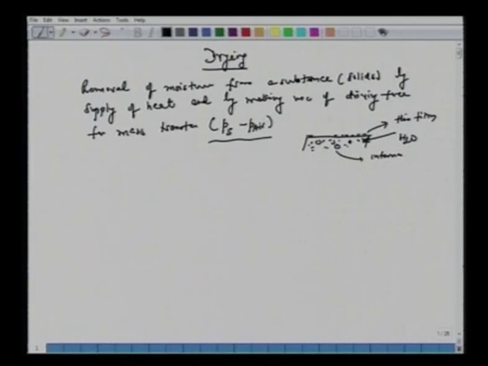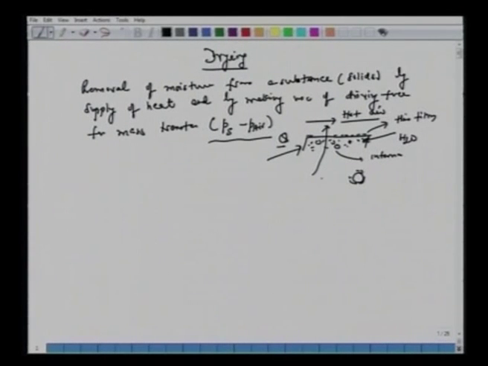Even on one solid, it's possible that there is a film of moisture. So we supply some heat, Q, either by radiation, or we can have hot air flowing over this, or we can pass the hot air right through this. So we talk about these different methods of contact between the hot air and the solid.